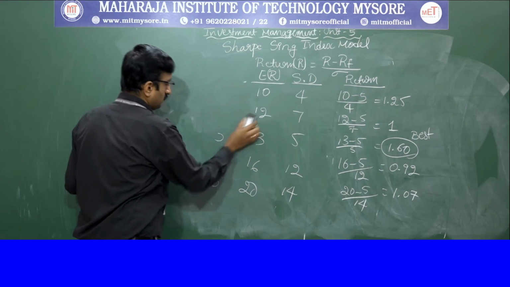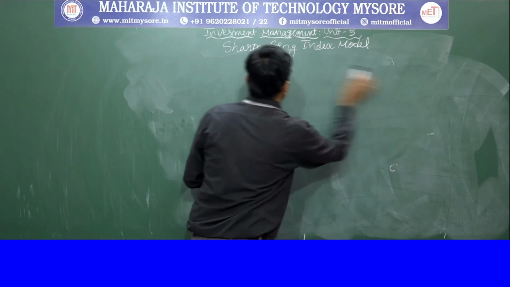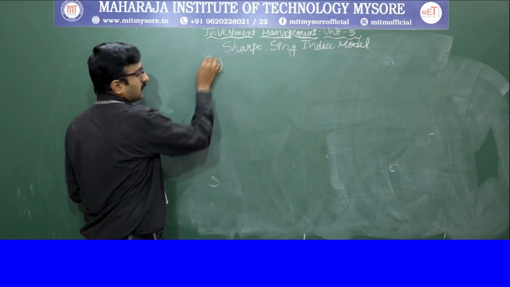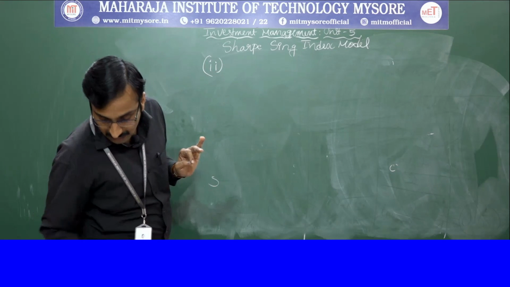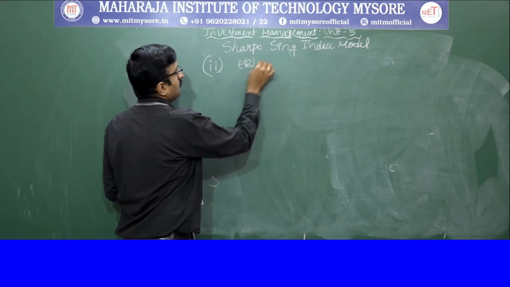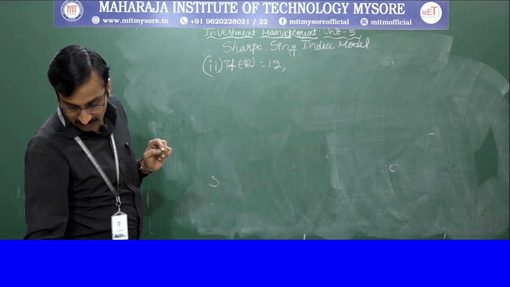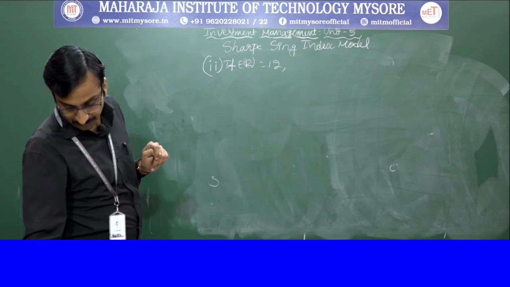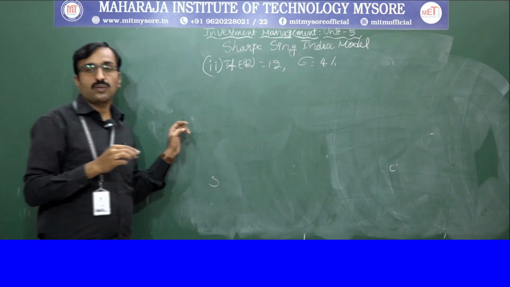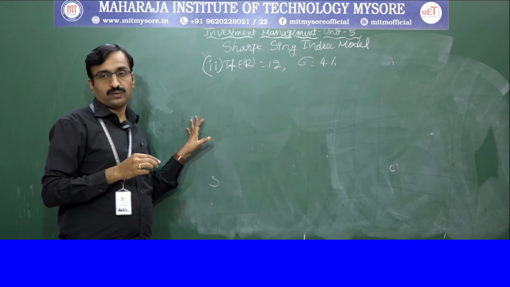Okay, so the second question is, if the expected return is 12% and the standard deviation is 4%, what is the particular return we have to find out?